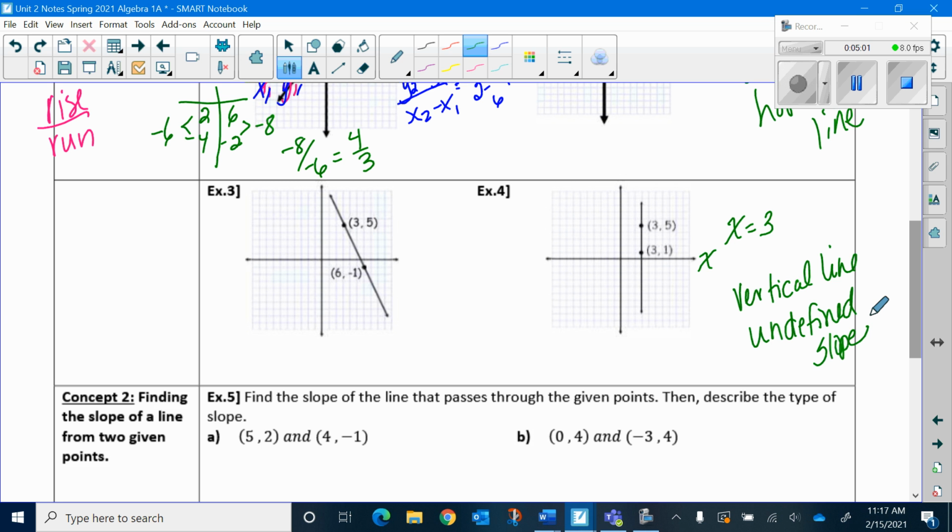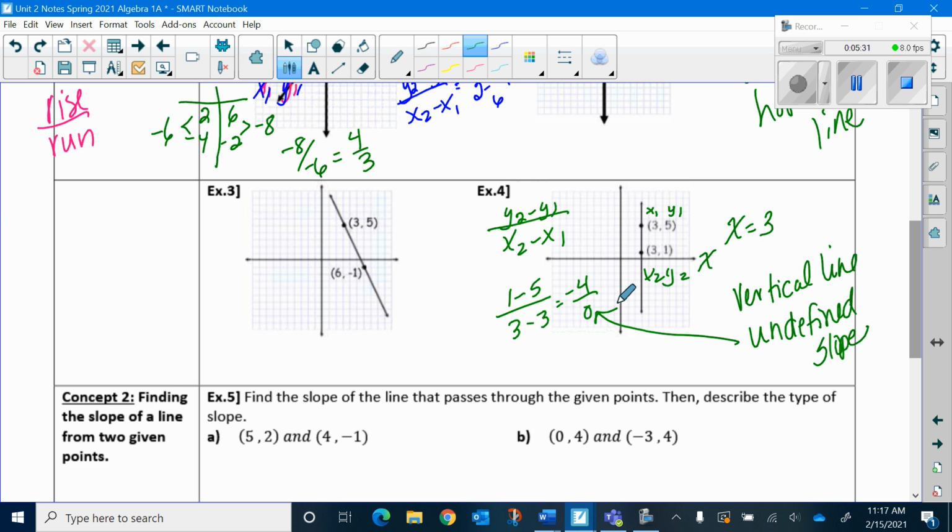We could calculate it, and if we calculated it and did the y2 minus y1 over x2 minus x1, it would be 1 minus 5 over 3 minus 3, which would give me negative 4 over 0, and anything divided by 0 is undefined slope.